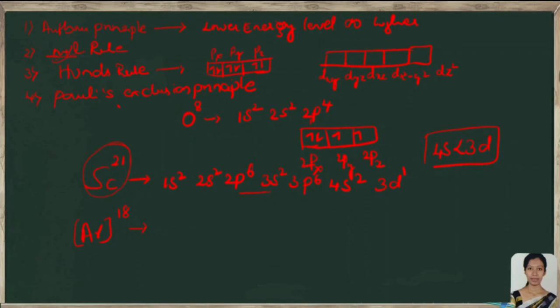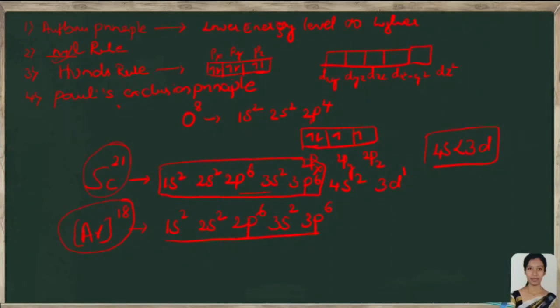That is, if you write it like this, 1s2, 2s2, 2p6, 10 electrons over, and another 8 electrons will be filled according to Aufbau principle. 3s2, 3p6. This is completely filled orbital. This is the electronic configuration for argon.